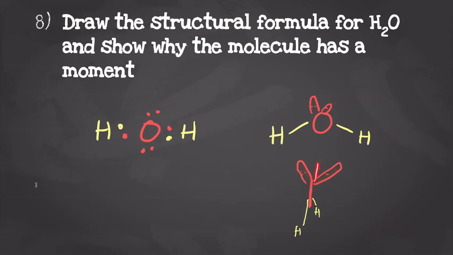This one is going to be up and right. This one is up and left. The left and right portions are going to cancel, and the only thing that is going to be left is this up direction. So our dipole would be in the up direction.